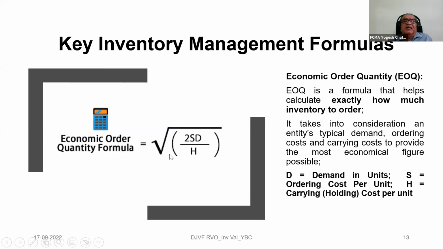That is the square root of 2DS divided by H, where D is demand in units, S is ordering cost per order, and H is holding cost per unit. This is just one example of arriving at the economic order quantity. Apart from these, there are many methods through which we can arrive at the economic order quantity.